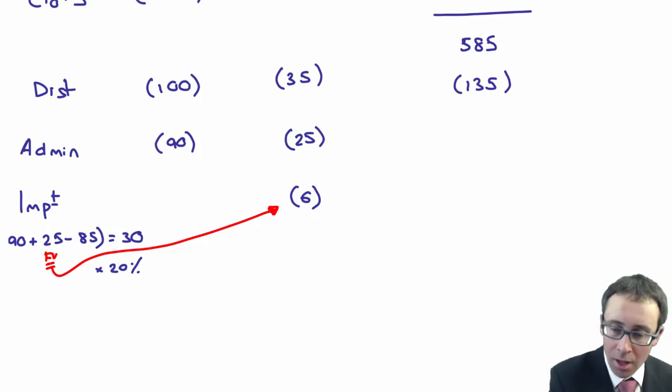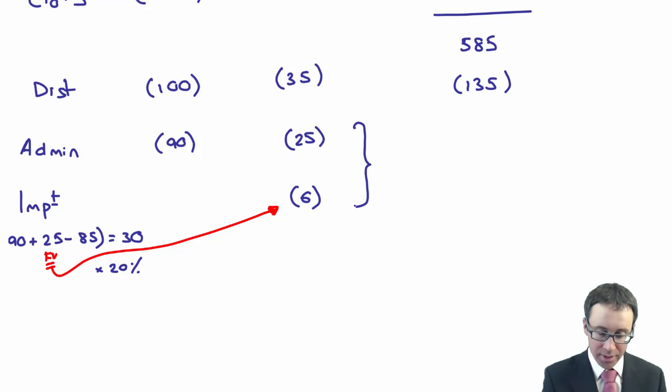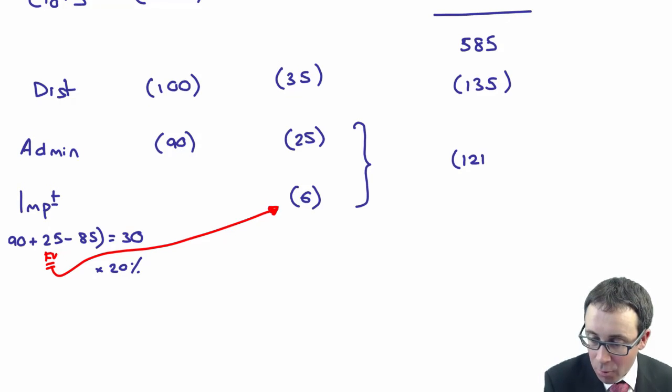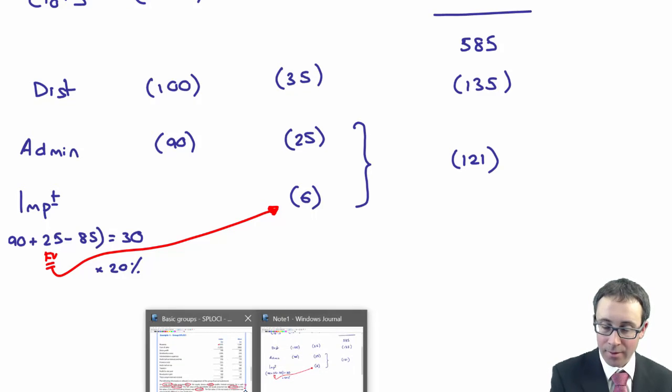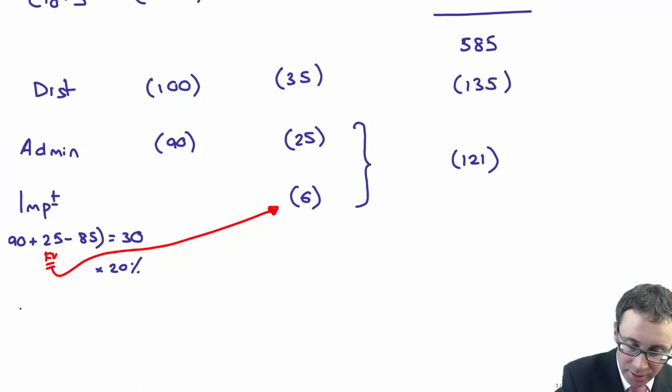We can go through then, can't we, and total those up. 90 plus 25 plus 6. Does that give me 121? You've then got PBIT. I'm not too worried about that. I won't put that in as a line item. I don't have time within the exam.